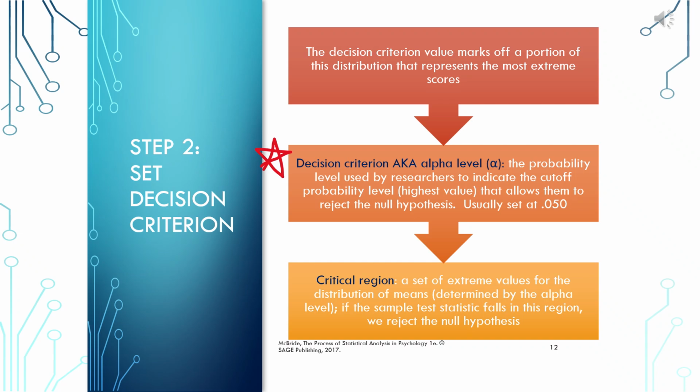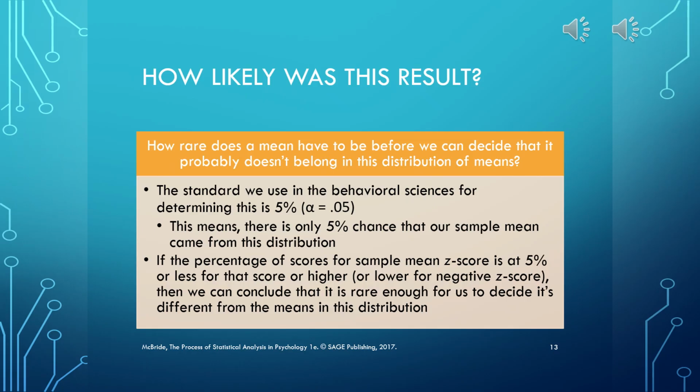So we set the alpha level in this class and in basically all of psychology to 0.05, meaning a 5% probability. 5% what? Well, 5% chance or 5% likelihood that the sample mean that we calculated actually comes from this distribution.